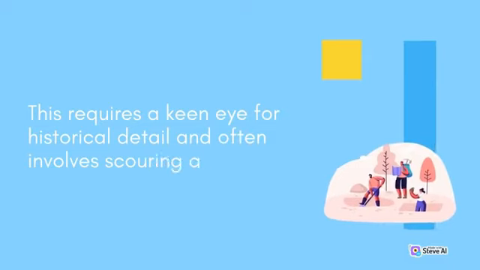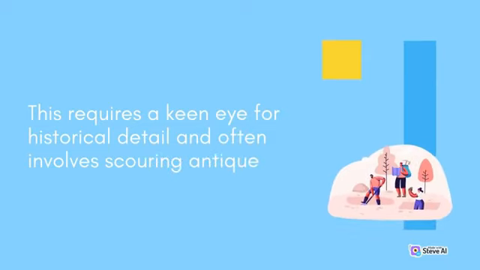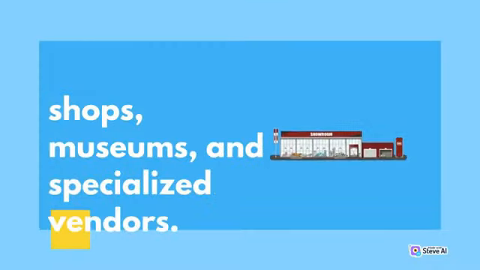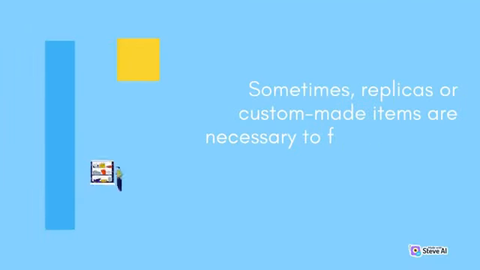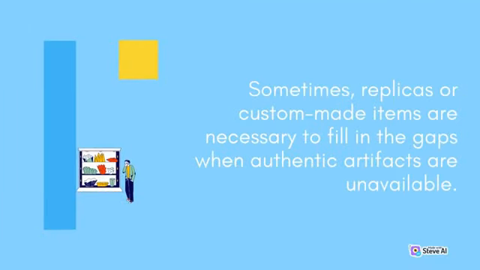This requires a keen eye for historical detail and often involves scouring antique shops, museums, and specialized vendors. Sometimes, replicas or custom-made items are necessary to fill in the gaps when authentic artifacts are unavailable.